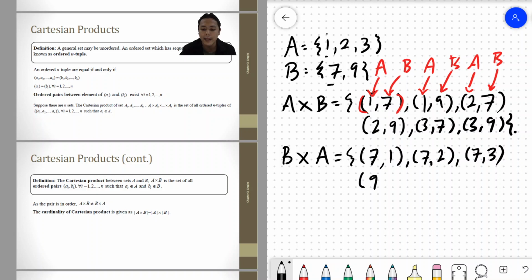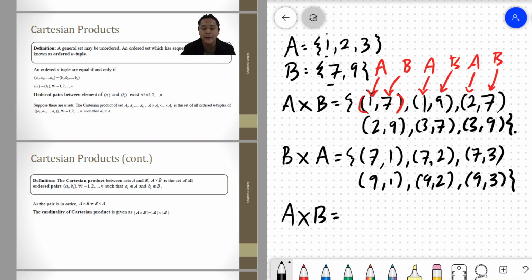Finish with (9, 1), (9, 2), (9, 3). As A and B are two sets with different elements inside, A times B, as you observe, is not equivalent to B times A.